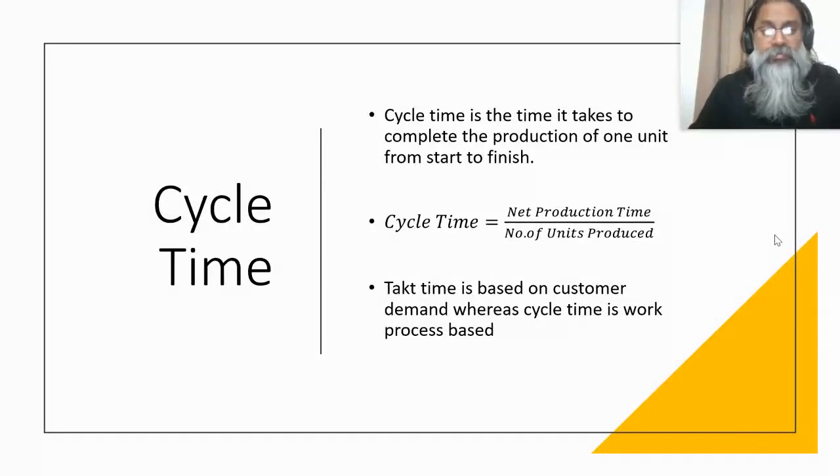Cycle time is the time it takes to complete the production of one unit from start to finish. And the equation for cycle time is net production time divided by number of units produced.